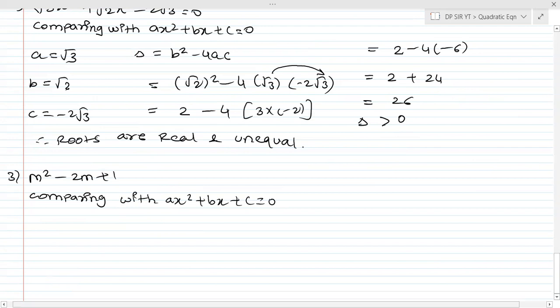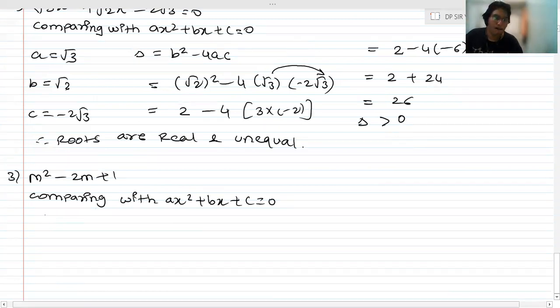Okay. And let's check क्या मिल रहा है here. So it's going to be a is equal to 1, b अच्छा ये इधर 0 आएगा. मेरा ध्यान 2 बार गया, कुछ तो गलत, कुछ तो मैंने मिसिंग लिखा है. ठीक है. So a is equal to 1, b is equal to minus 2, c is equal to 1.